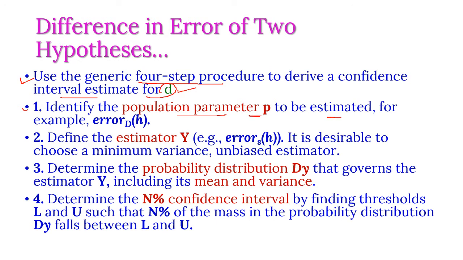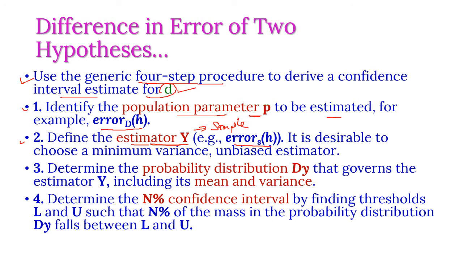For example, error D of h, this is the population we have taken for our test. And second one, define the estimator Y. Estimator Y means sample. The sample is otherwise called the estimator, that is error S of h.